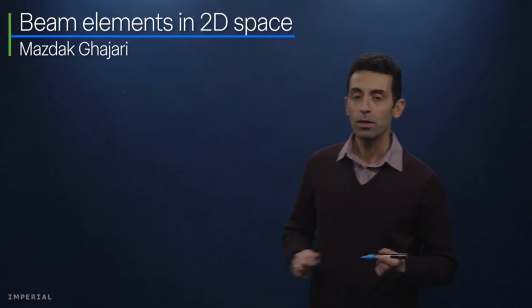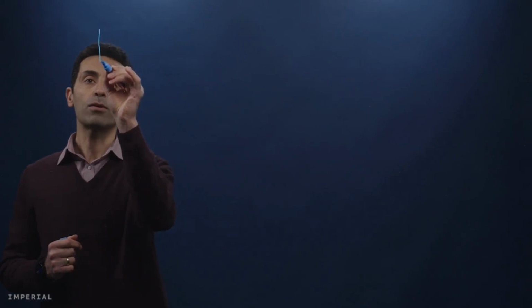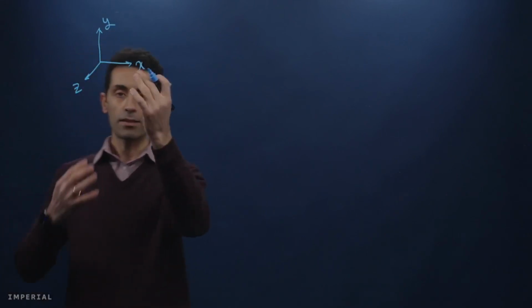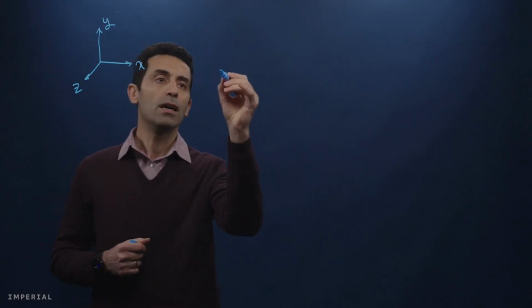All right, so let's focus on one beam element. And as usual, we have our coordinate system, x, y, and imagine z is this axis that is coming out of the plane.